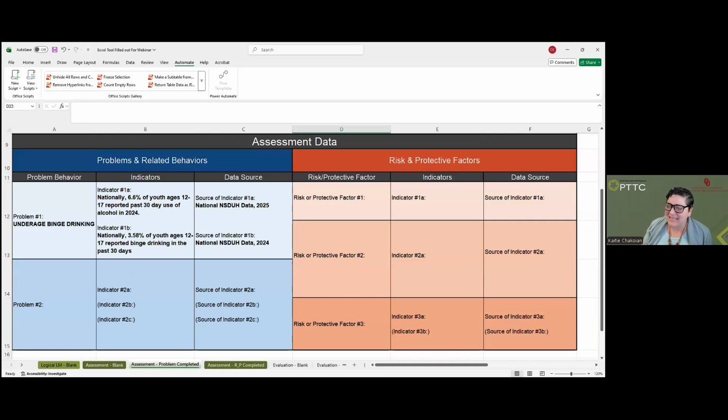All right, as you're doing this, is there anybody who'd be willing to share what data point did you choose and what problem stood out to you on that? You're all thinking hard. So as you're looking at this, what problem behavior are you identifying and what data point are you using for that?